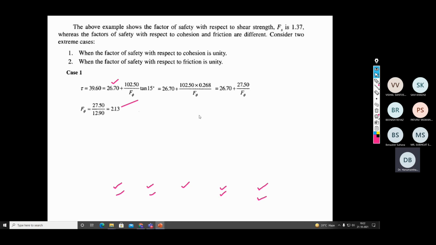So actually, you are determining the factor of safety when you take the cohesion or the friction, but you need to take the incipient condition. So here you are taking 26.7, so here also you should take 50. So suppose if I take here 54.7, it doesn't make any sense when you take FC and F5.